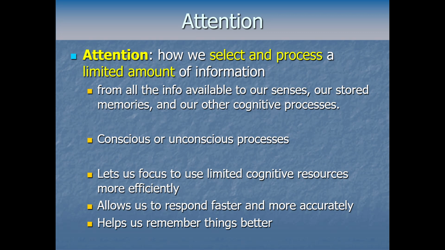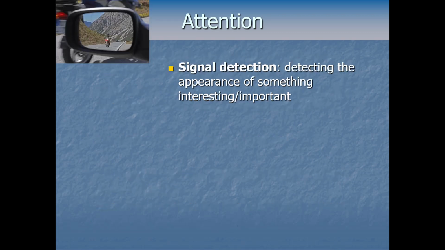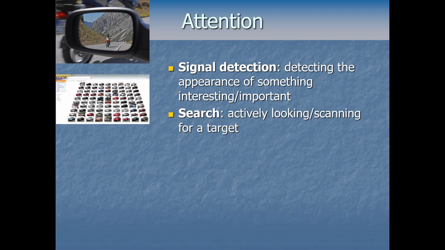Now, there are quite a few topics where cognitive psychologists have studied attention. In this first video, we're going to talk about signal detection, where we're able to detect the appearance of something interesting and important, or maybe fail to do so and miss the signal. Then in the next video, we're going to talk about how attention is involved in search tasks, where you're actively looking for something or scanning for some sort of target amongst a bunch of distractors.